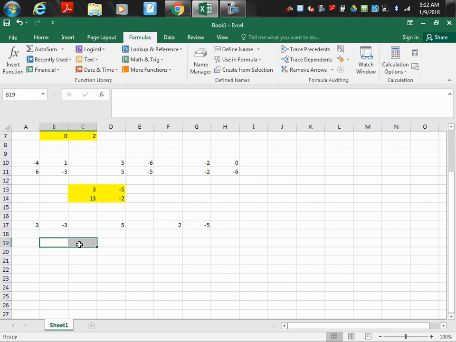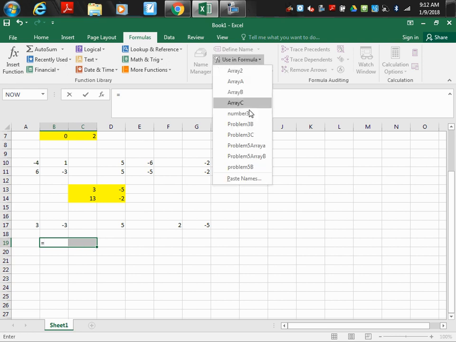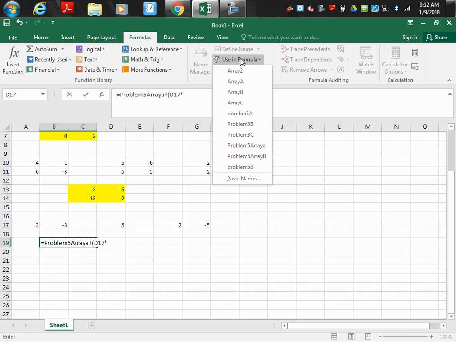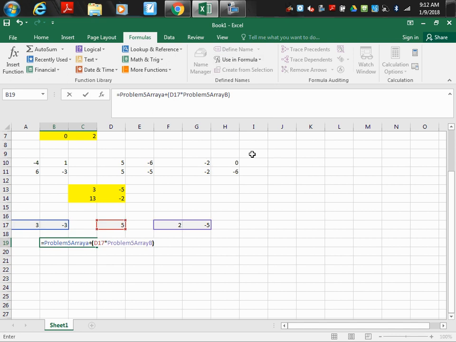So we know it's going to be a 2 by 2. So equals, using formula, problem A plus, you have to put it in parentheses, because you know you have to multiply first. Using formula, problem B. You still have to do the Control Shift and then Enter.